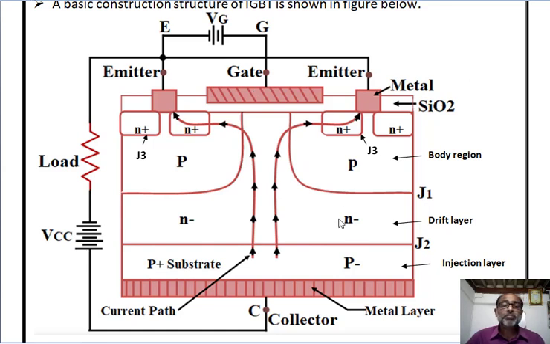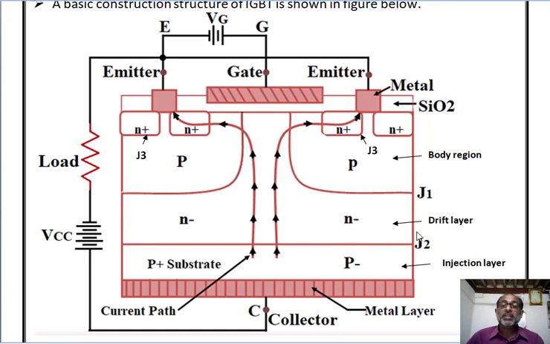This P plus type substrate is also known as the injection layer, because it injects holes into the drift layer, or N minus layer. That's why it is called the injector layer.